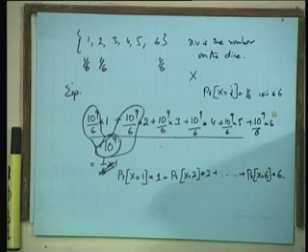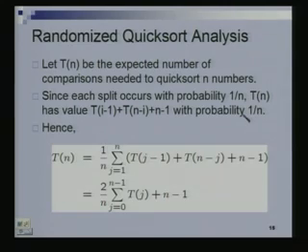Okay, so let's revert to our slides. This is going to be taking this value with a probability of 1 over n. So we have done just the probability times the value summed over all possible choices, which is j varying from 1 through n.